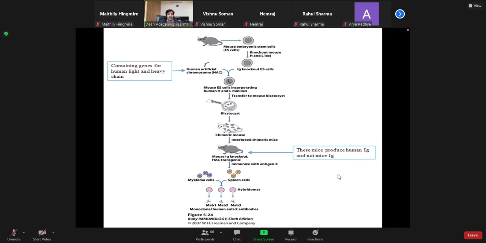And then it's a very tedious process. But if you follow this, your chances are very high to get these different clones which are going to recognize this antigen with one affinity or the other affinity, right? So that is why you actually have to practice this. So is this process clear?